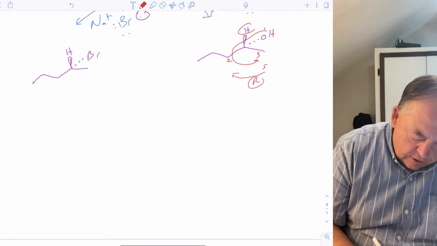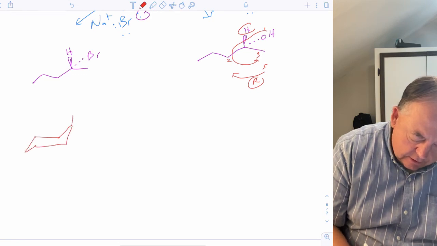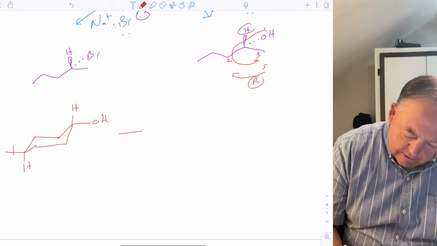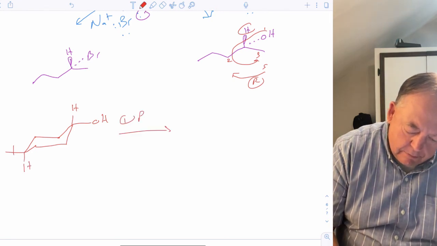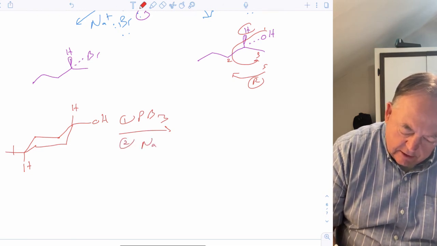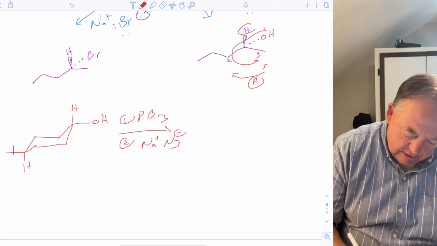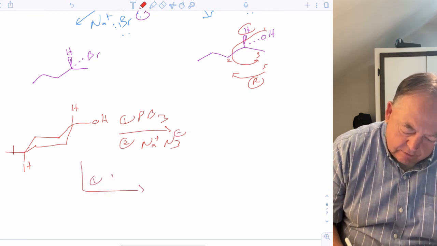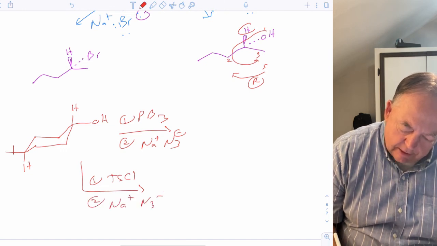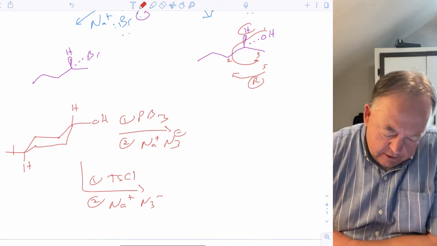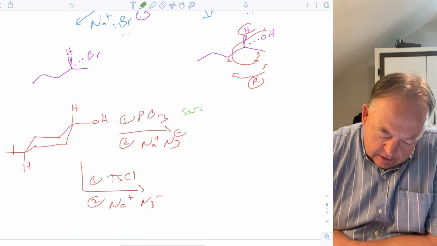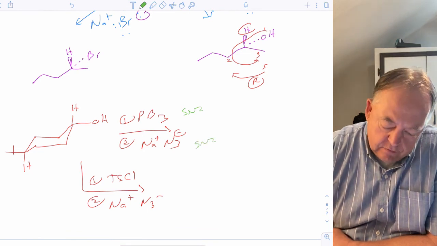Okay, just one more example. So if we did this sequence of reactions, PBr3, and then let's say NaN3, or this sequence of reactions, tosyl chloride, and then Na plus N3 minus. This PBr3 is an SN2 reaction, and then this is going to do another SN2 reaction.